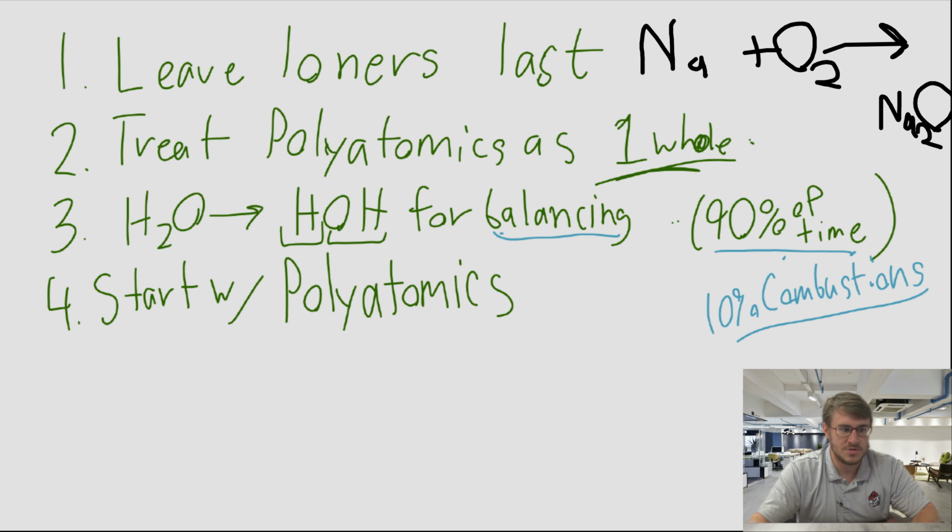Bottom line is here we see that sodium would be considered a loner. Why? It has no subscript, has no partner. Why is oxygen not a loner? Well, technically it's kind of acting alone-ish, but it's bonded with itself. It's O2, it has a subscript. So it's got a chemical compound. Once again, Na2O is a full compound, neither element is alone. Sodium is alone, it's considered a loner. Balance the loners last. Just a good strategy.